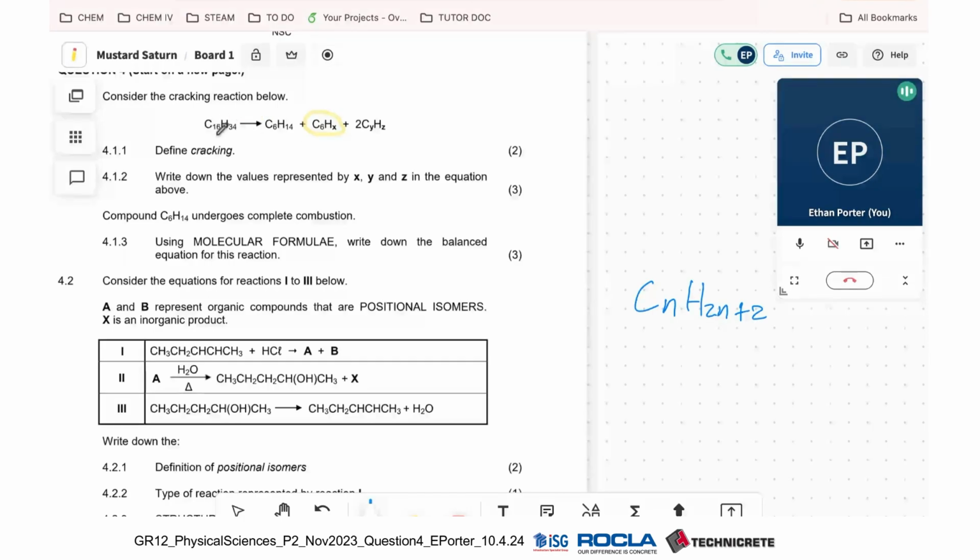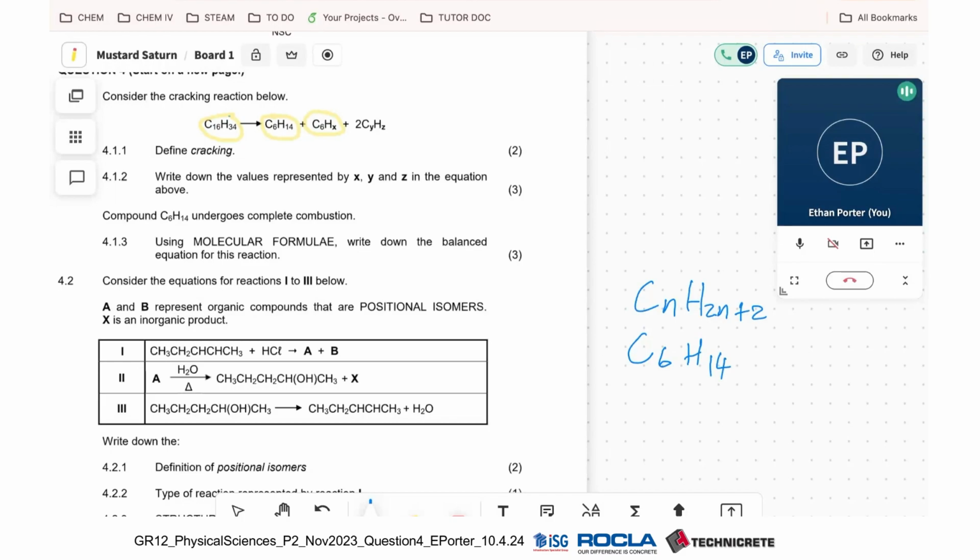As we can see here, we had 16. 16 times 2 is 32, plus 2 is 34. So this one here is definitely an alkane. And this is also an alkane because 6 times 2 is 12 plus 2 is 14. So we'll just assume this is an alkane, and if it's C6, that means we will get H14 as well, right?